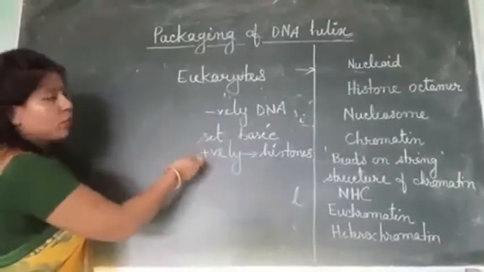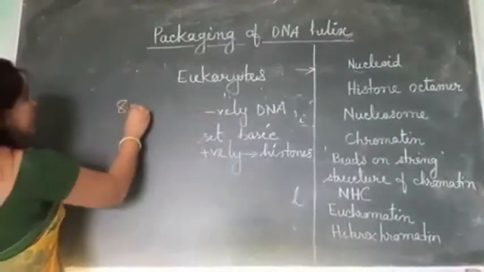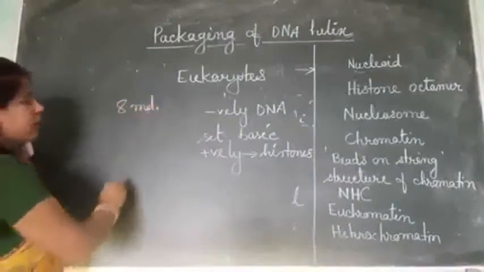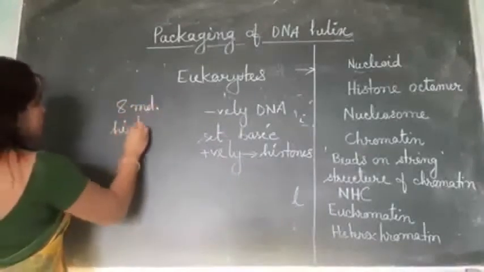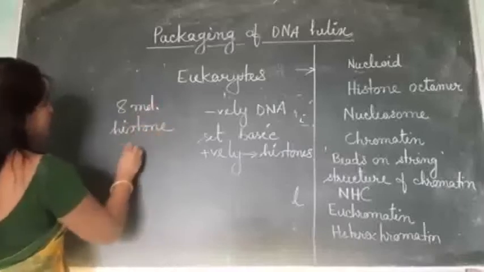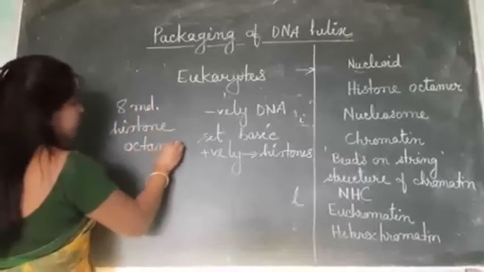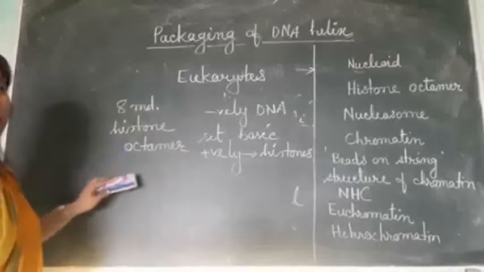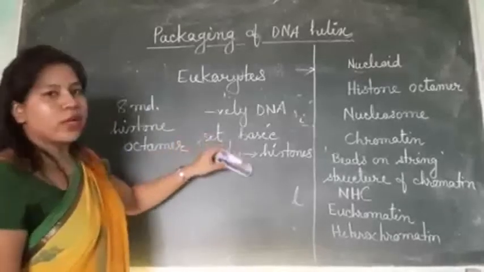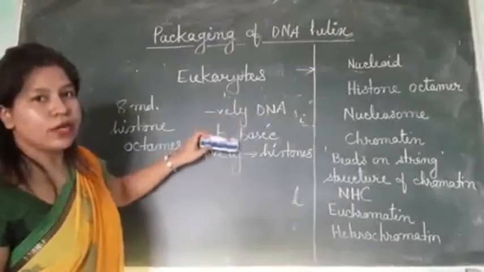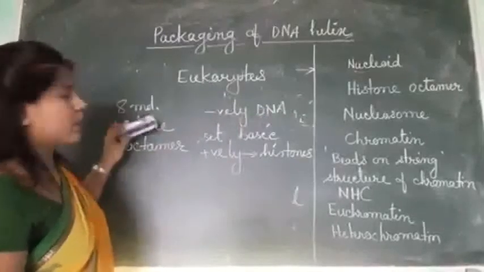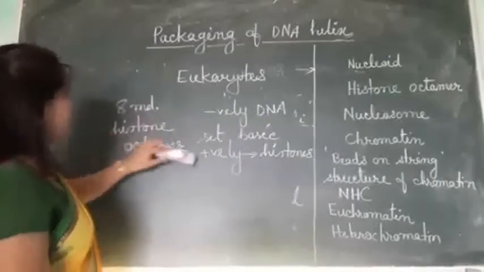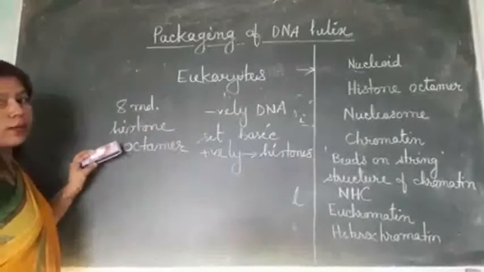This set of histones is composed of 8 molecules of histone, so this unit is called the histone octamer.